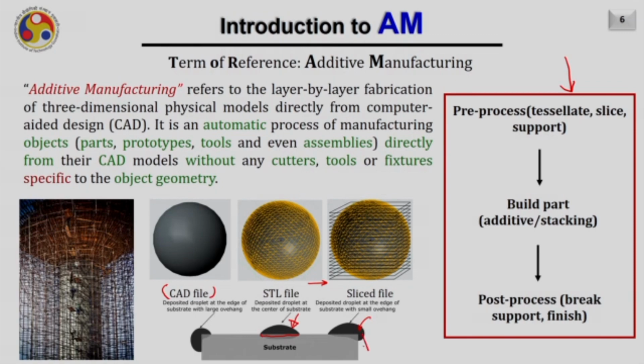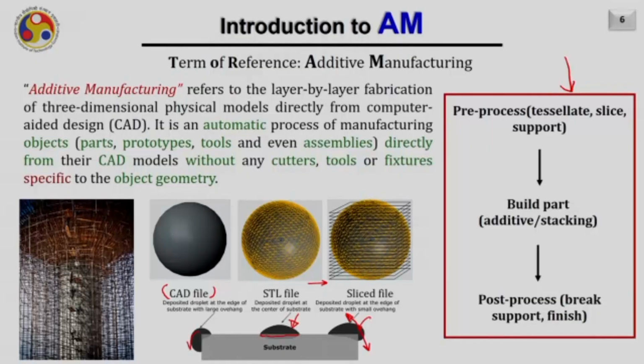One, the downward gravitational force, and also due to surface tension the material will pull like this. If the overhang feature is large, then the droplet may roll down. In that case the gravitational force will be higher than the surface tension force and hence your droplet will fall down. What we need in that case is a support mechanism.